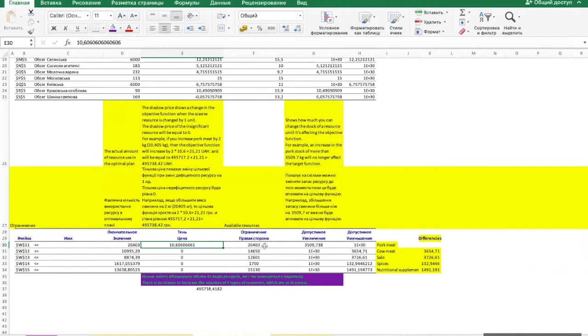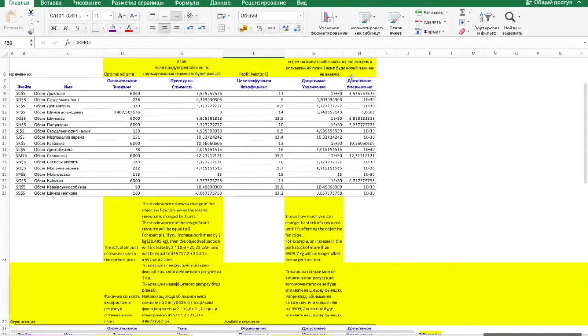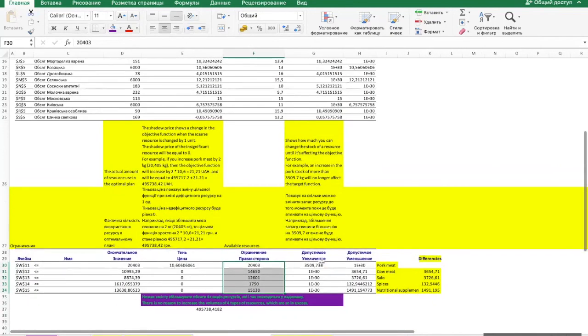Then we have the available resources. It is their maximum value according to our data set, our available quantities. In this case we have the boundaries for possible increasing and decreasing of our resources.